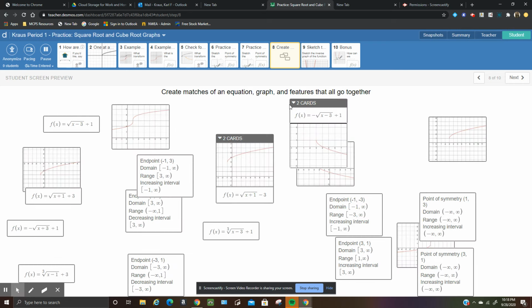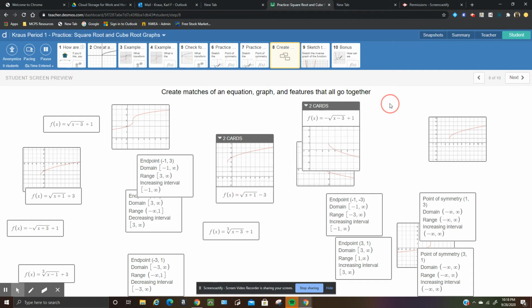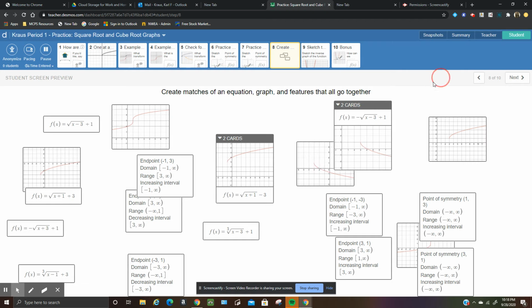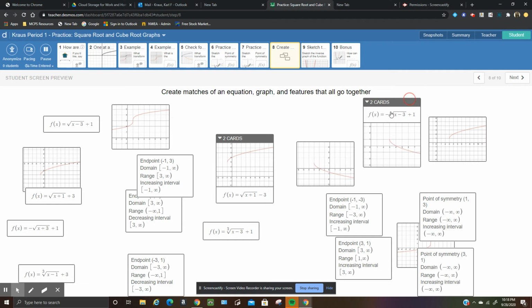I got to get this so I can drag it. There we go. All right. Some things are in the way here. This would be -1, +3. -1, +3.